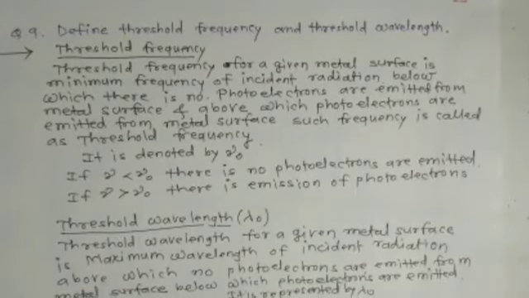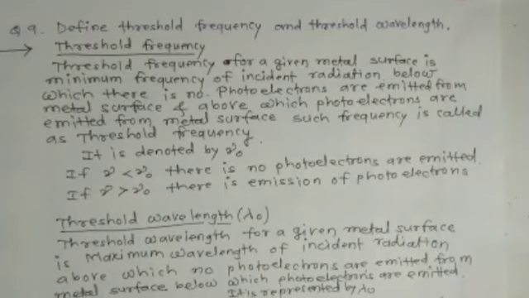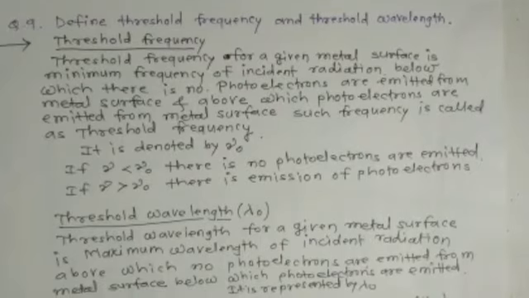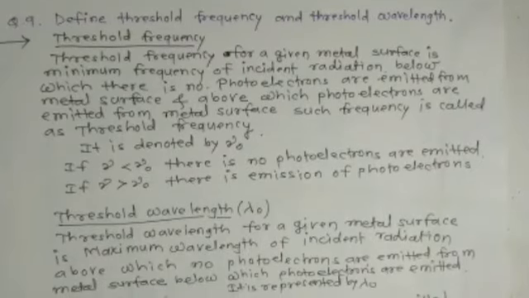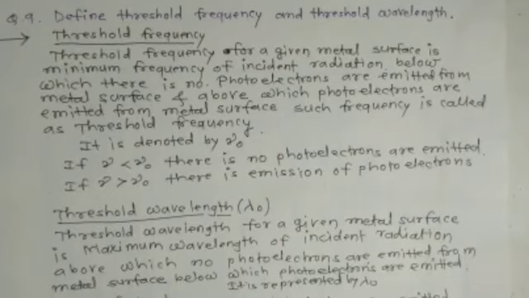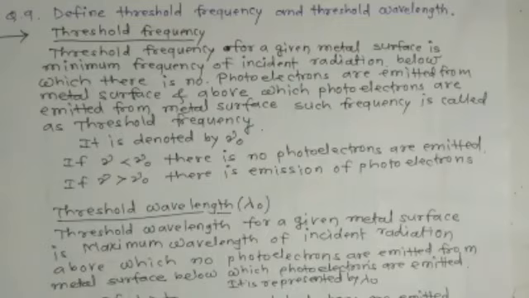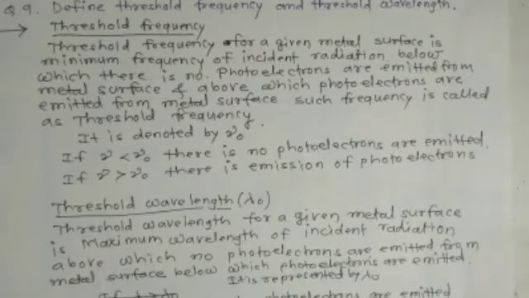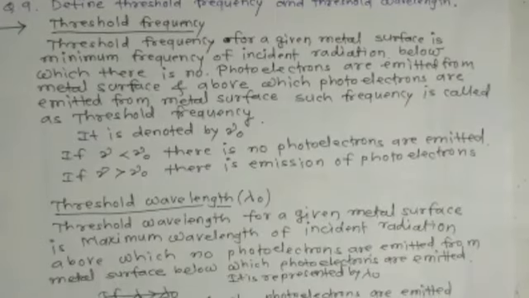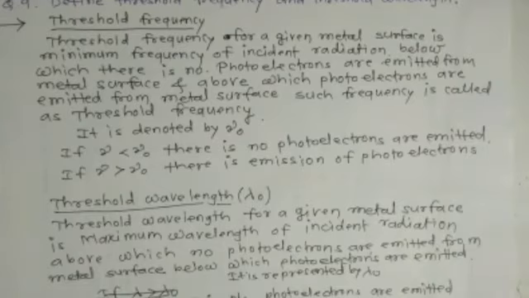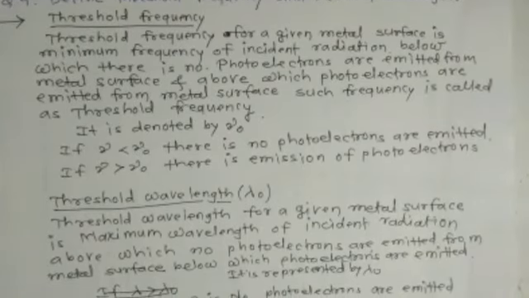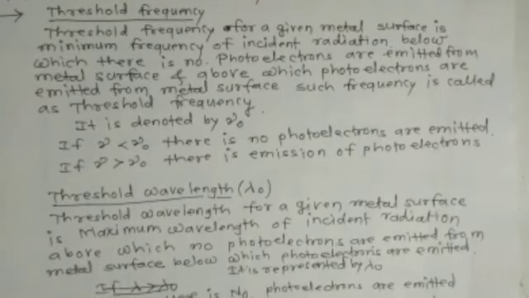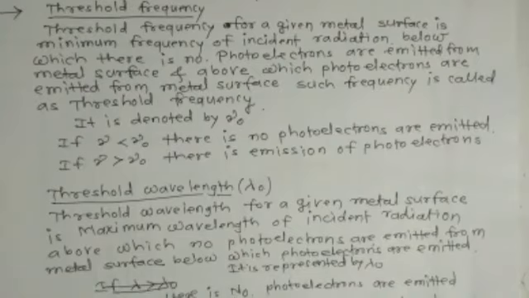Question number 9. Define threshold frequency and threshold wavelength. First we see threshold frequency. Threshold frequency for a given metal surface is the minimum frequency of incident radiation below which no photoelectrons are emitted from the metal surface, and above which photoelectrons are emitted from the metal surface.